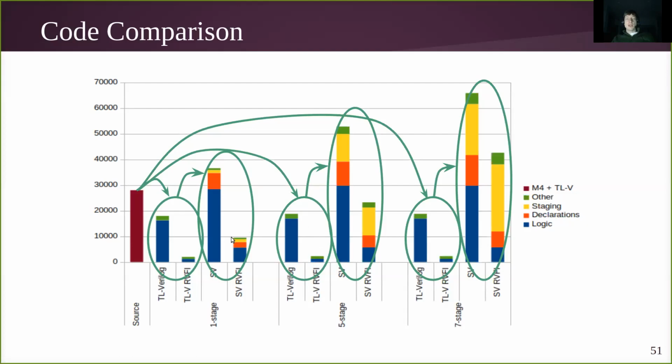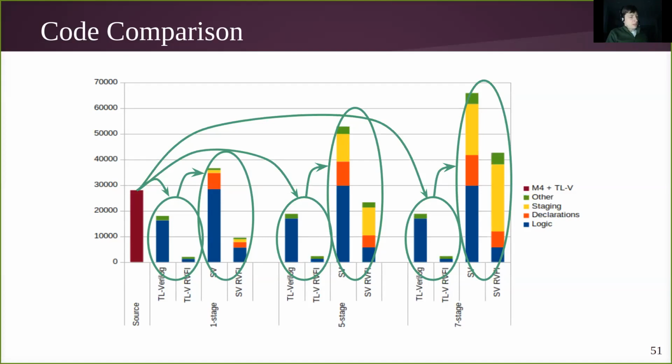The Verilog logic, on the other hand, not only can you see that the bars are growing, but even though the bars are the same size, the actual code is very different. And that's mainly because any sane signal naming methodology in Verilog or SystemVerilog is going to reflect the pipeline stage in the signal name.